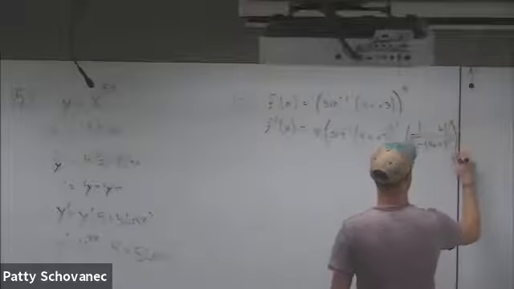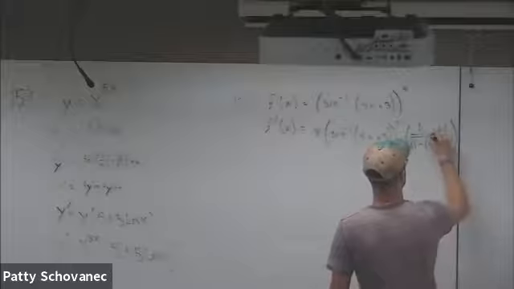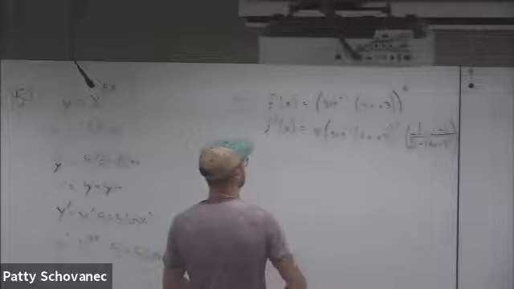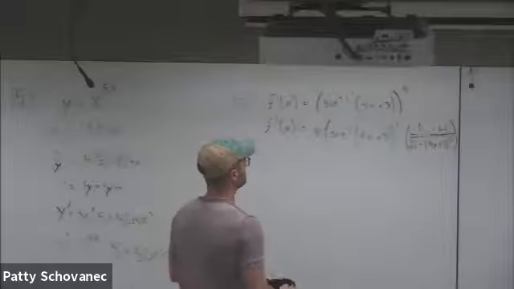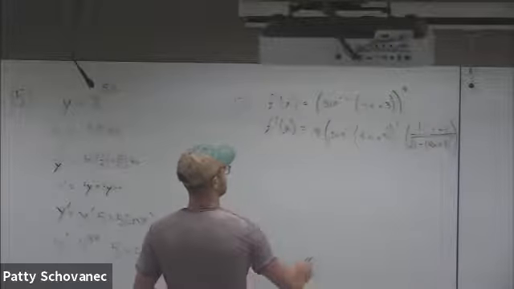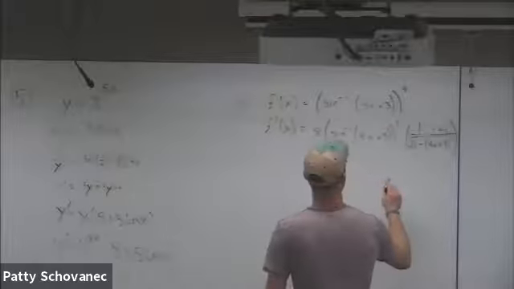There you go. Does that make sense, everybody? The derivative of the outside brings the 8 down to the 7th, and then the derivative inside is the derivative of the inverse sine. Is that it? That's it, all done.